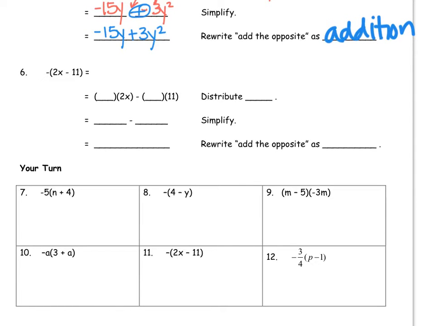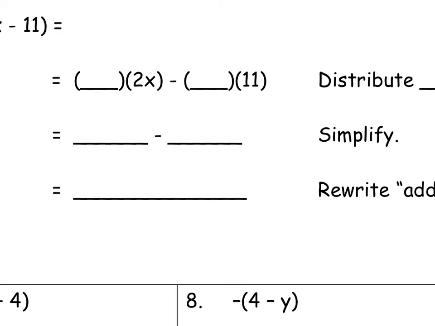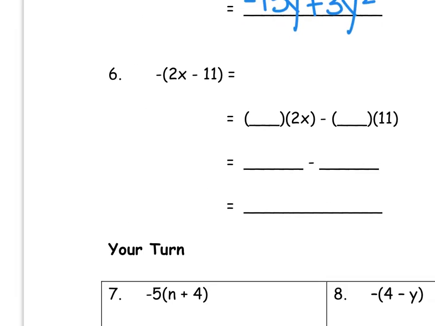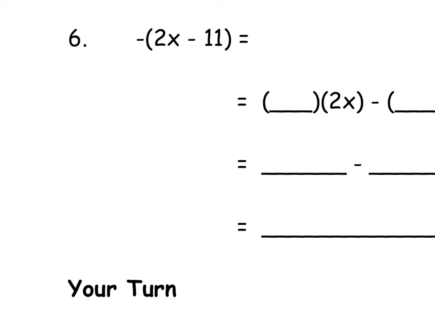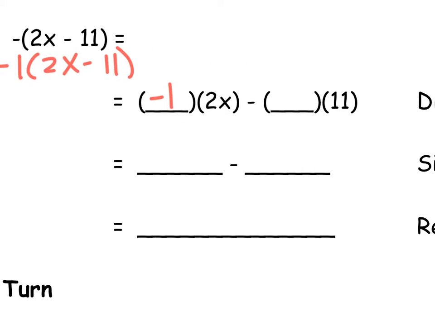Okay, looking at this last example, you'll see that there's no number in front, but there is a negative sign. We read that as a negative 1 times 2x minus 11. So we're going to multiply both of the terms inside by a negative 1.